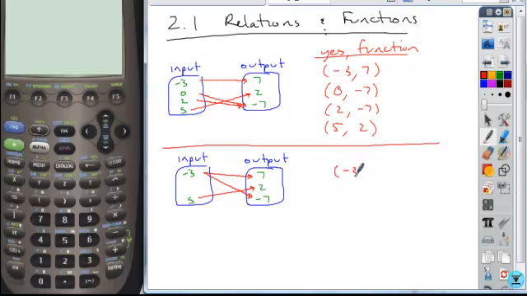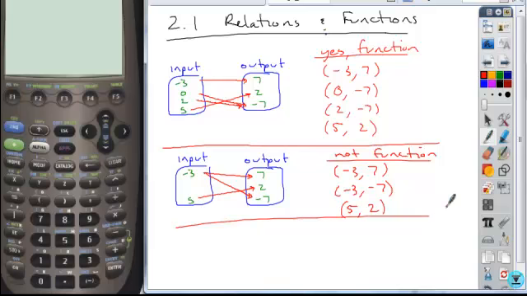An input of -3 is going to yield an output of what? 7 or -7. So right away, can you tell whether that is or isn't a function? Yeah, this is no longer a function, because the same input is yielding different outputs. Then the last input, 5 yields a 2, but that doesn't really matter, because once you see that the same input yields different outputs, it's not considered a function.